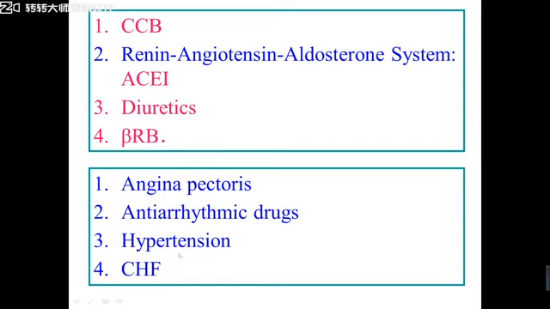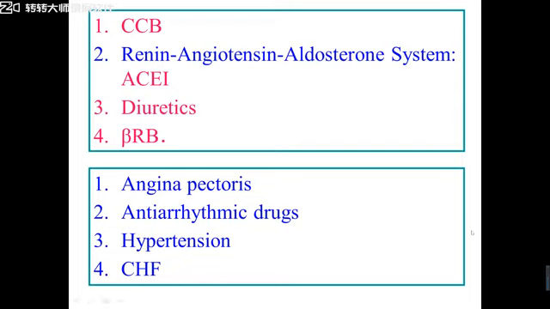At last, we will study how to use them to treat chronic heart failure, which we also call congestive heart failure. So that means in the cardiovascular system, we will study 4 basic agents to treat 4 common diseases.